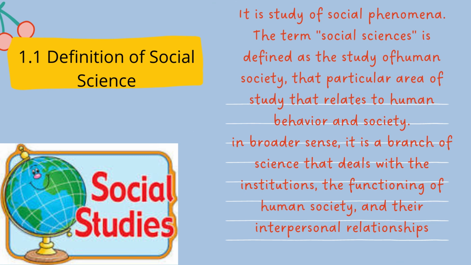And now, since social science is the study of social phenomena, yung nangyayari sa society, in short, it is defined as the study of human society, that particular area of study that relates to human behavior and society. In short, ang social science ay study of human behavior.